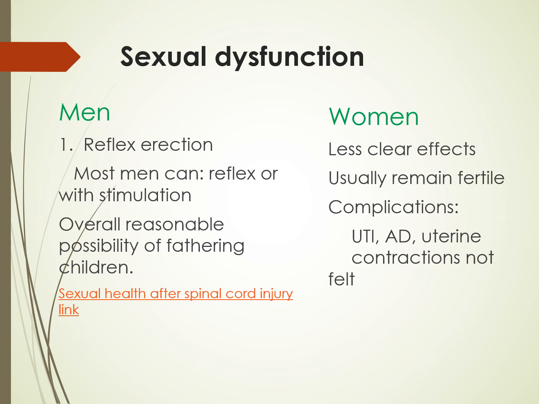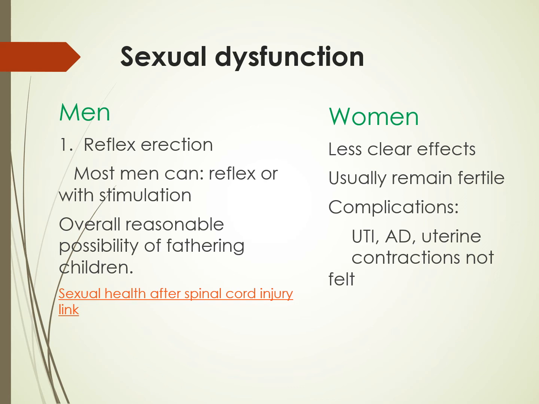Usually they remain fertile. There are times when ovulation may stop, but usually they remain fertile, so having children is definitely a possibility. Fortunately, there are complications with that, including urinary tract infections that may happen.